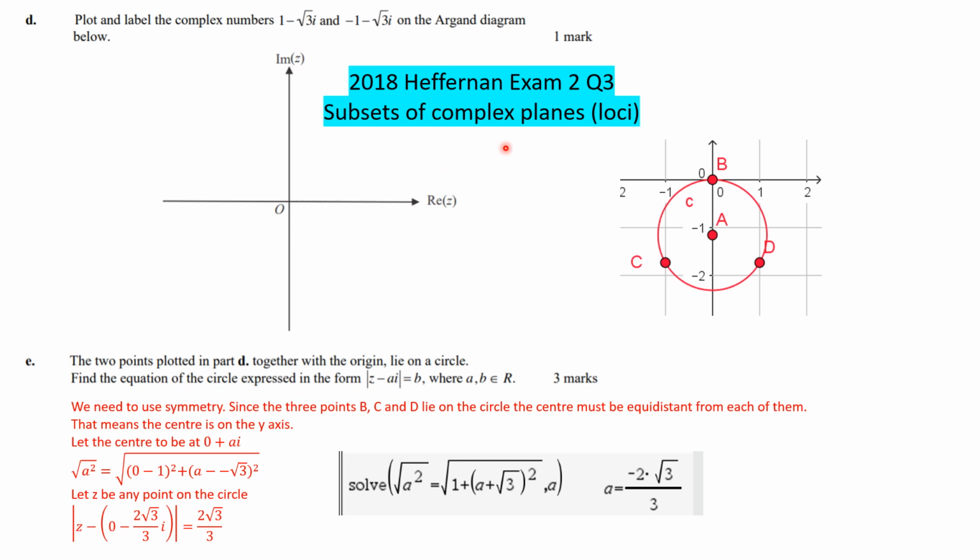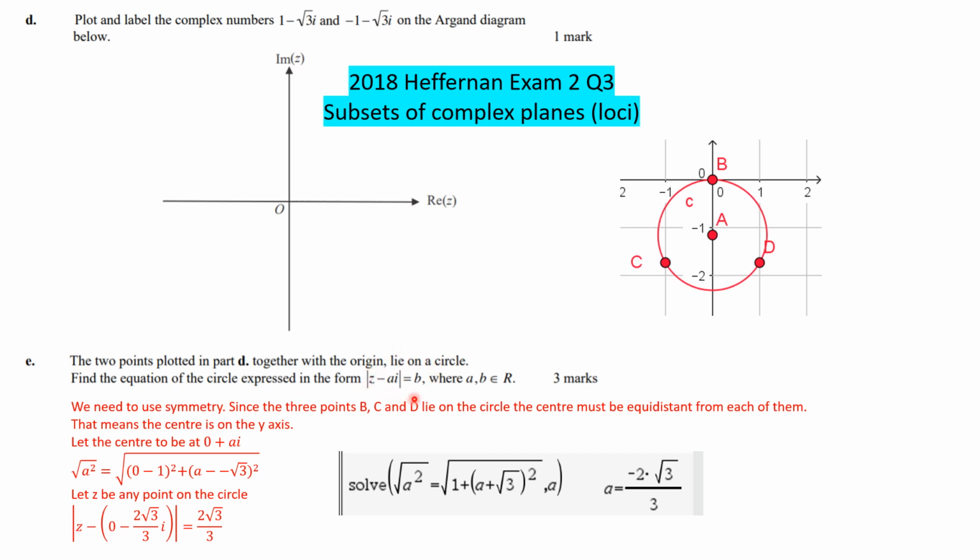Okay, Heffernan exam 2. So the first part asks you to plot these two numbers, which are straightforward enough. And then the next part said these 2 points together with the origin lie on a circle of this form.